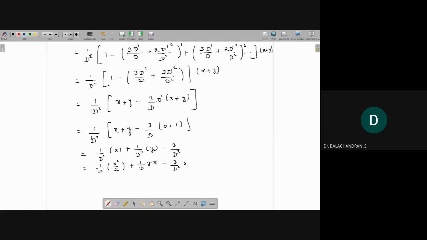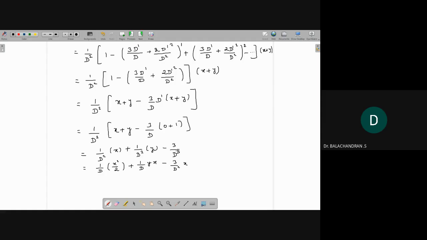Now I am going to operate 1 by D square on each and every term. So 1 by D square of x plus 1 by D square of y minus 3 by D cube of 1. So that is 3. If you integrate 2 times: 1 by D of x, if you integrate the first time, we get x square by 2. And 1 by D of y, the first time, we get y into x.